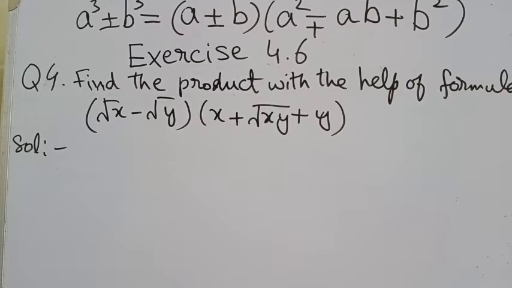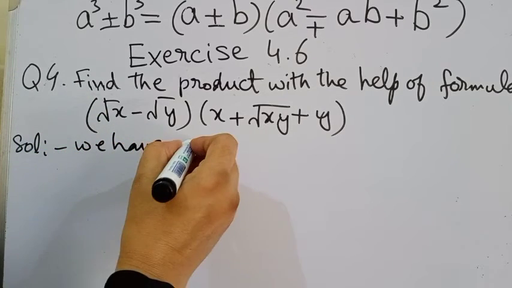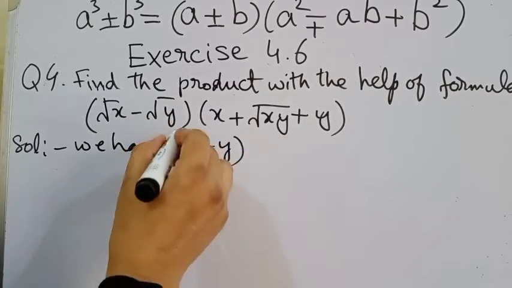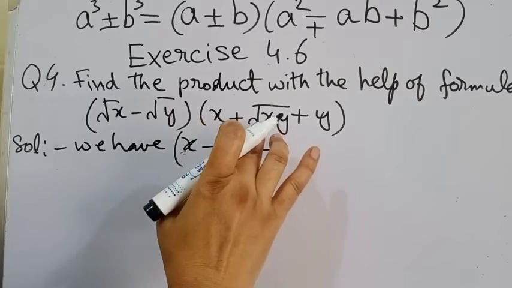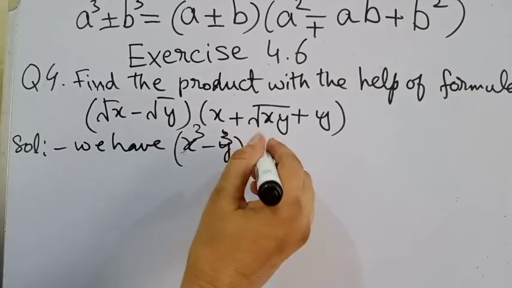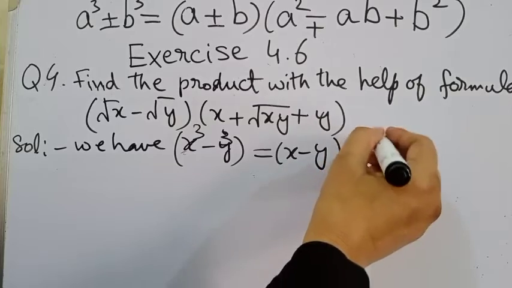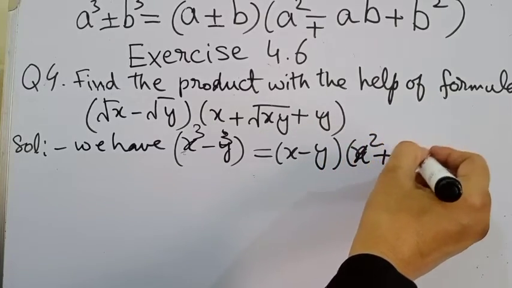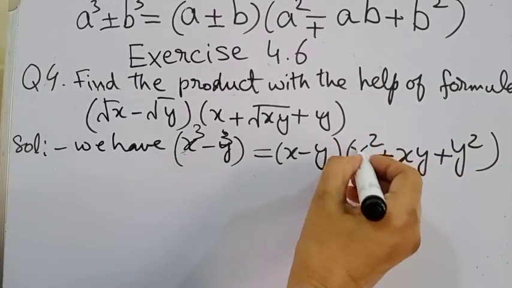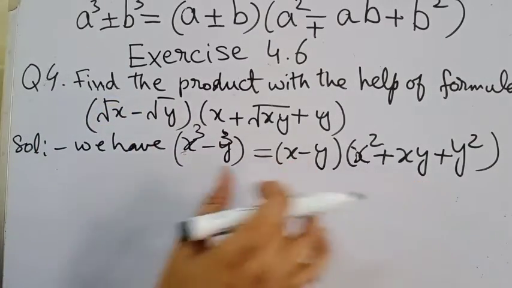We observe that the formula x cube minus y cube is equal to x minus y into x square plus xy plus y square, which is our formula. So we write this according to this formula.